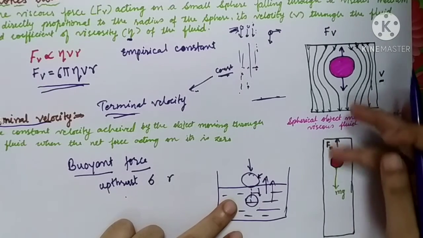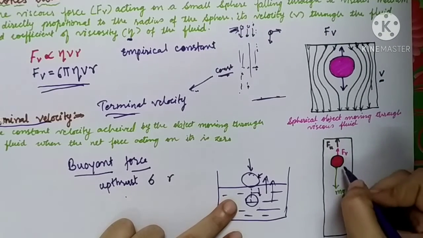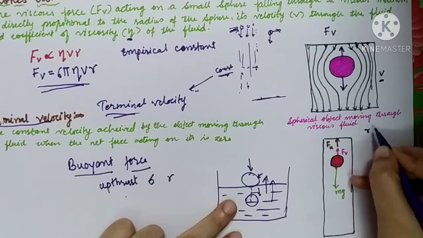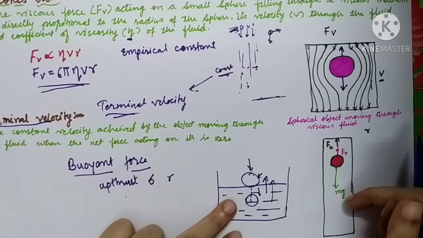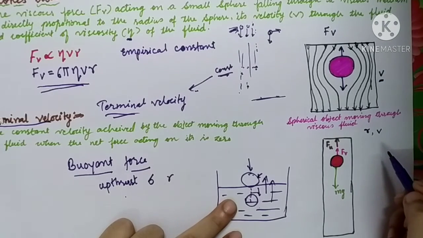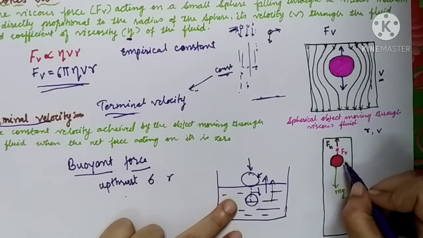It is assumed that the entire container is filled with a viscous fluid. Now this spherical ball, which has a radius, say small r, is moving inside this viscous fluid. It is moving with a velocity v, say.